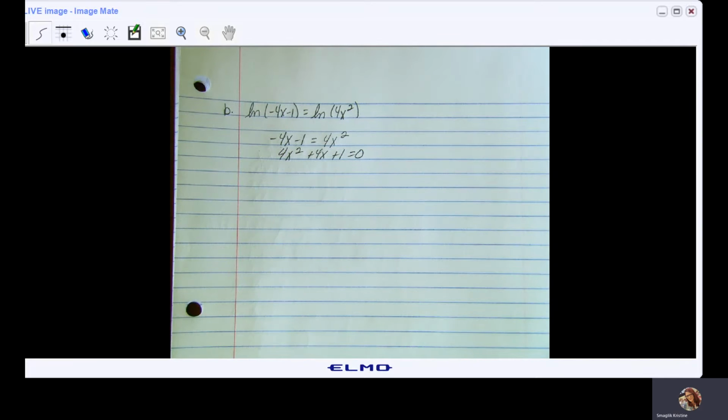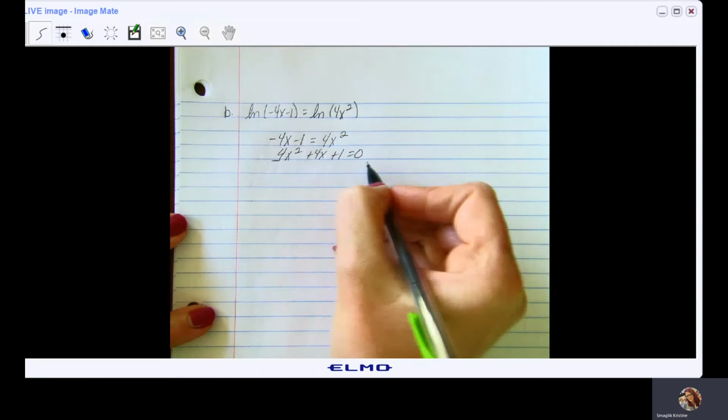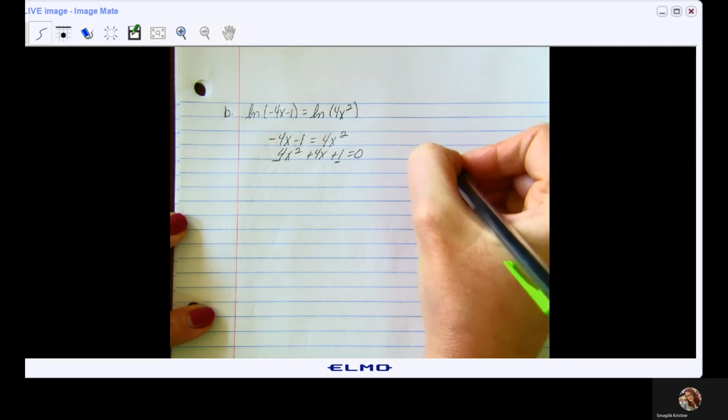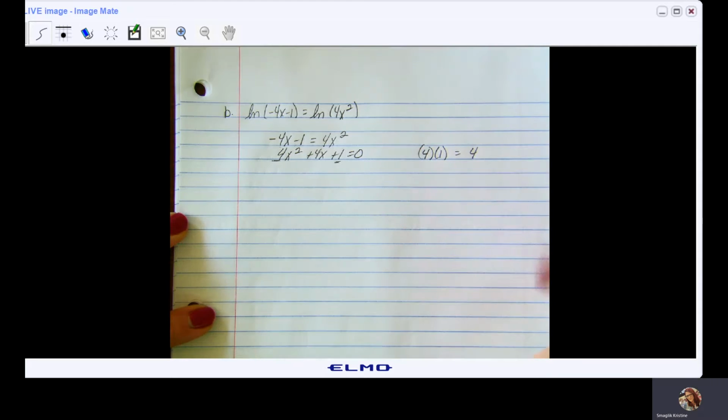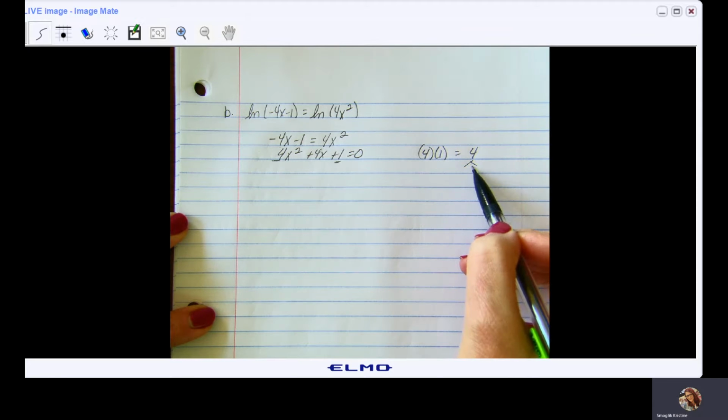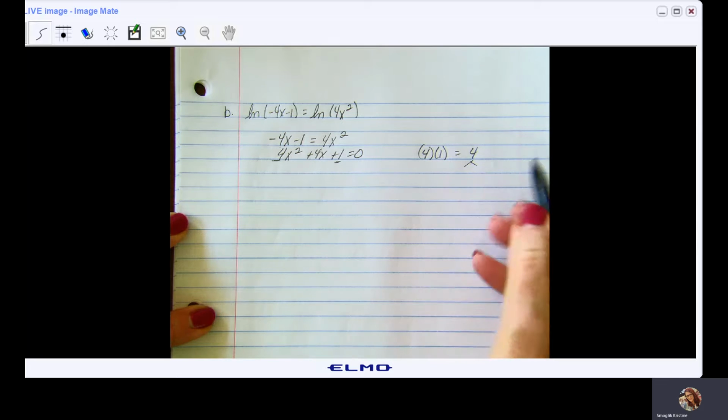Now this one might take a little bit more work to factor. It's not so bad. We're going to do the AC method on this. So I'm going to take my A value times my C value. 4 times 1 equals 4. And I want two factors of 4 that when I add them, I get positive 4.